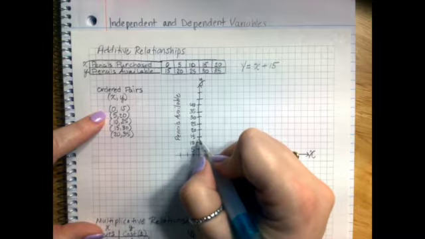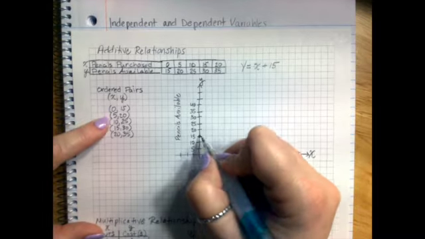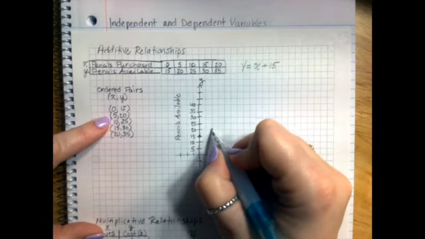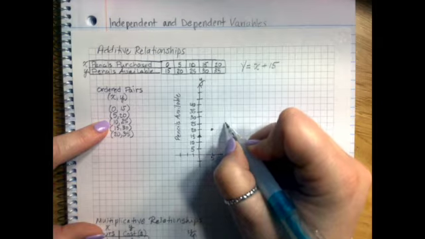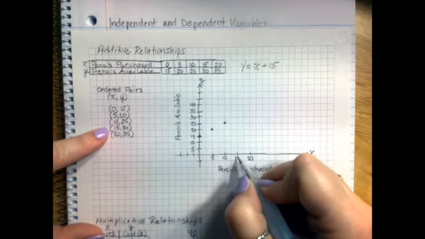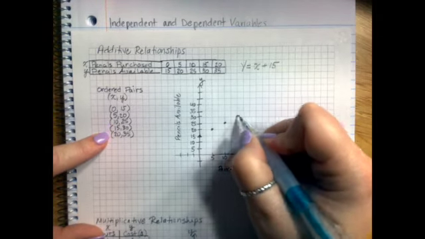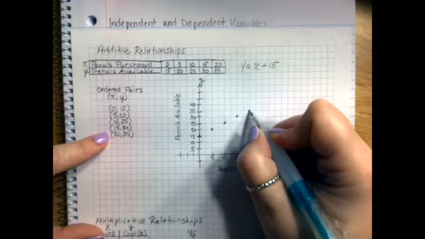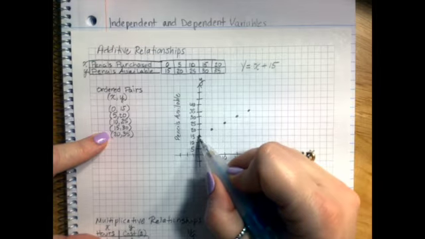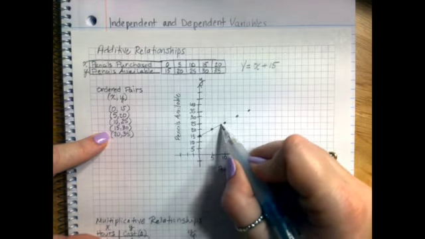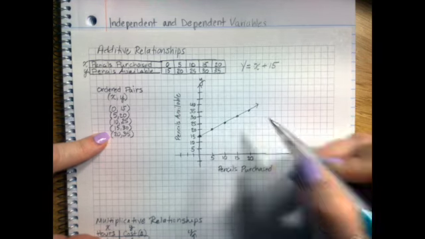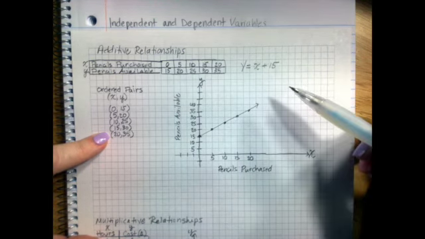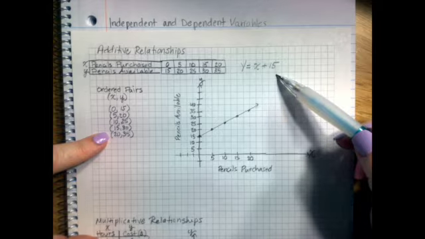So (0, 15), (5, 20), (10, 25), (15, 30), and then (20, 35). If you take your straight edge, I don't have one with me, but if you take your straight edge, it goes just like this. Okay? And again, this is an additive relationship.